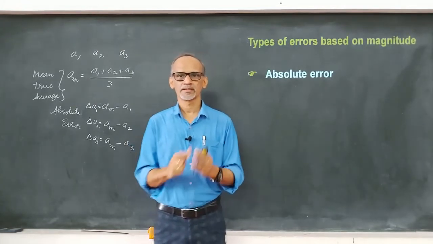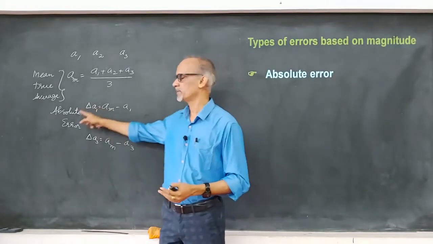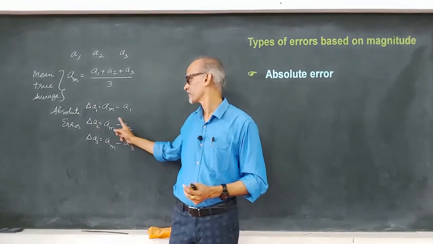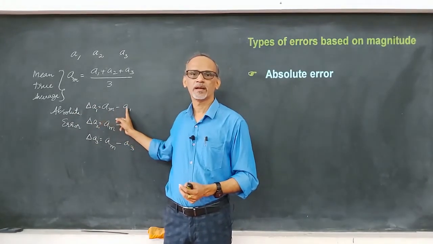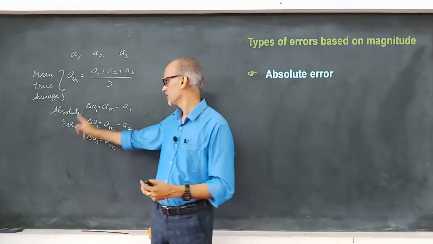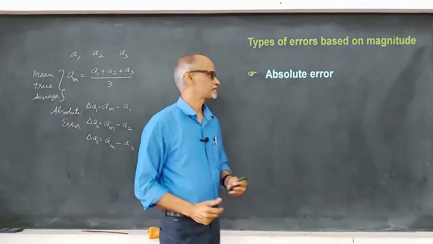That is in the case of an instrument. Hope you have understood absolute error. So, what is absolute error? It is the difference between the true value and the individual measured value.